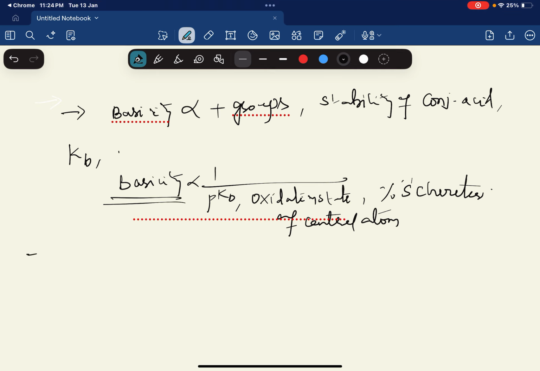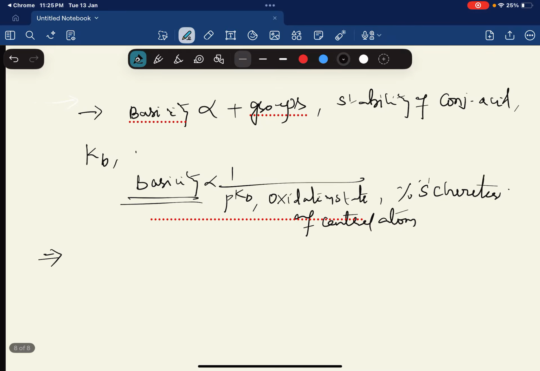So based on this, there are different types of questions. Just a simple example we can use. Suppose you take this, with NH2.